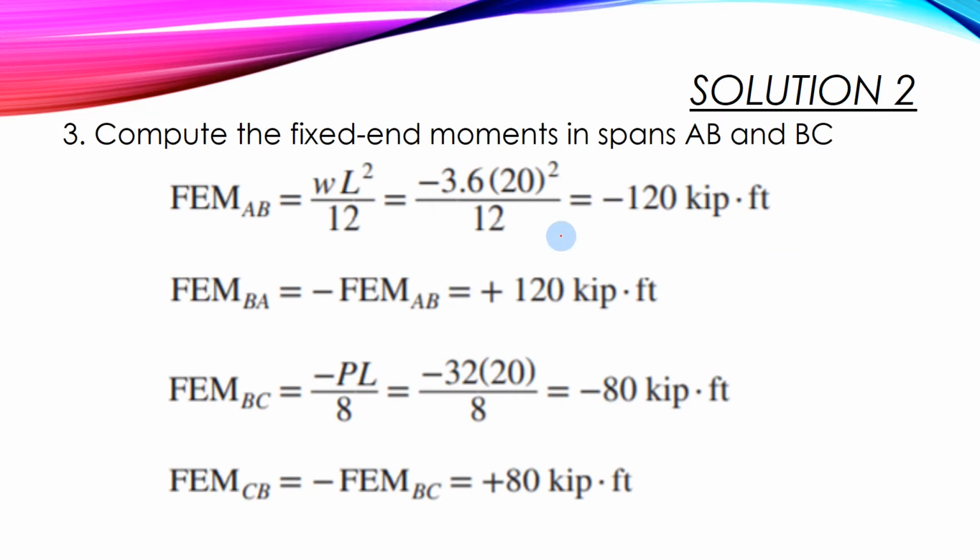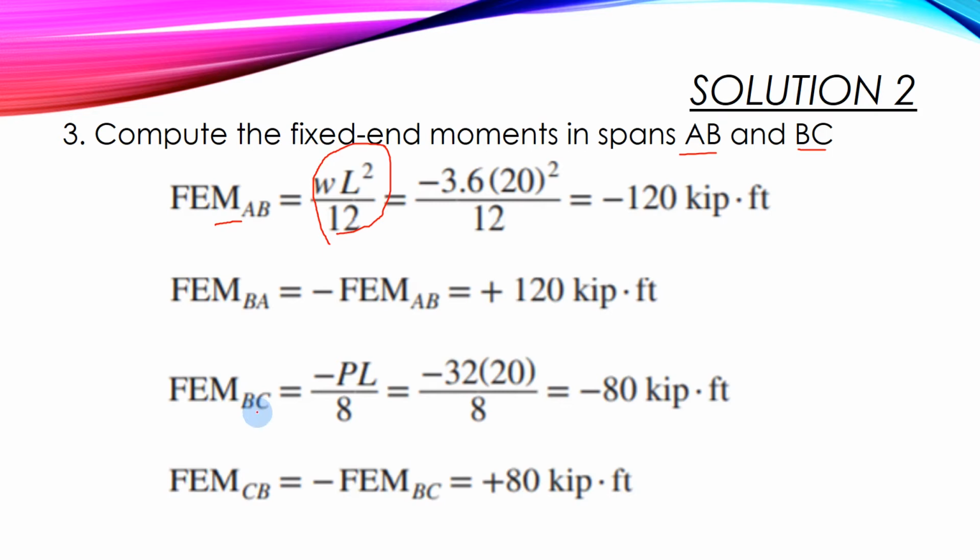Then how about the fixed end moments? The spans with fixed end moments are AB and BC, because those are the only spans that were loaded. For AB, that is a uniformly distributed load, so we have this formula for FEM: negative 3.6 times 20 squared over 12, that is negative, then positive at BA.